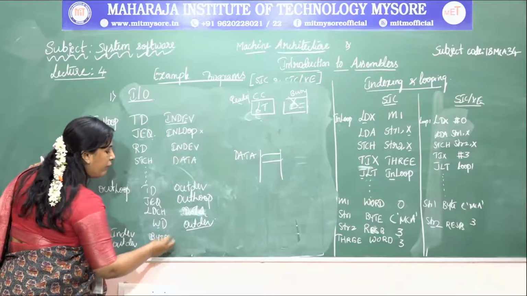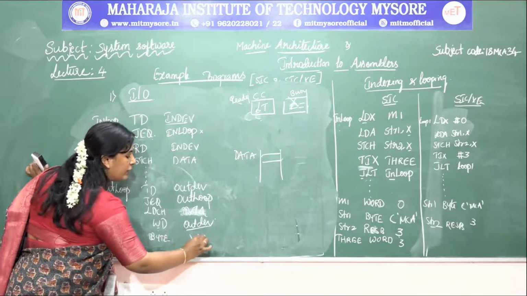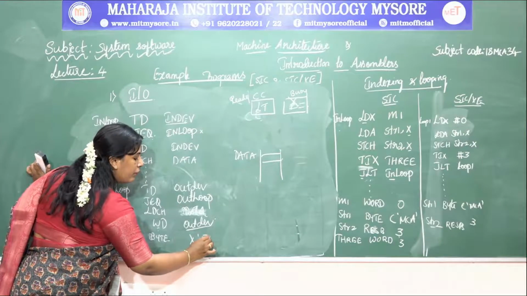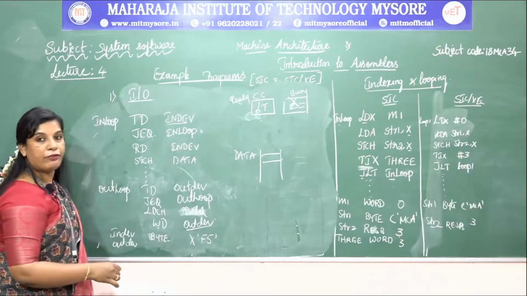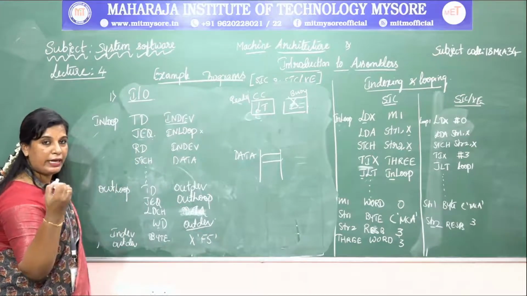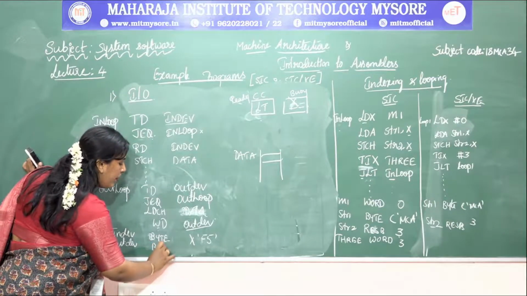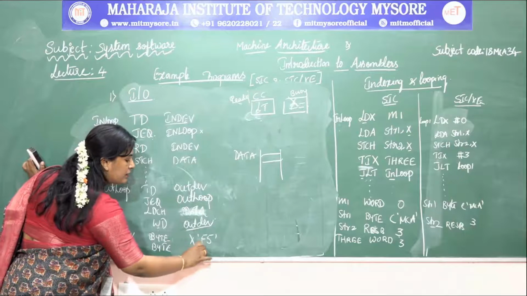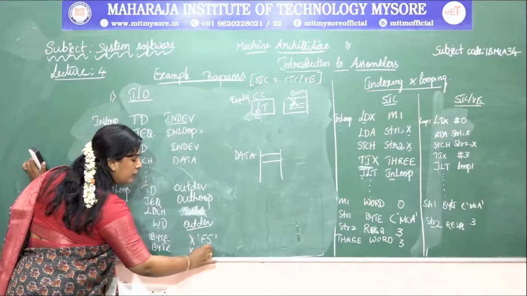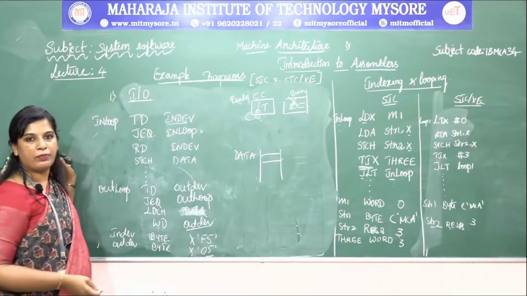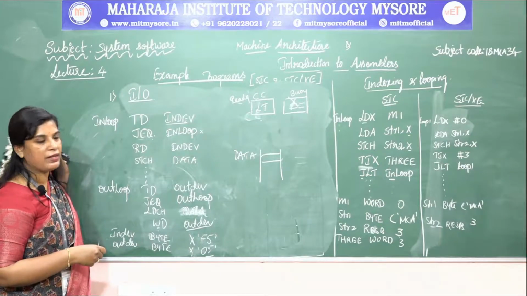What is the value of that? It is F5. That's just an identification number. The output device is also a byte. What is the value present in this one? 05, or whatever it might be. So that is the number of the input and output device.